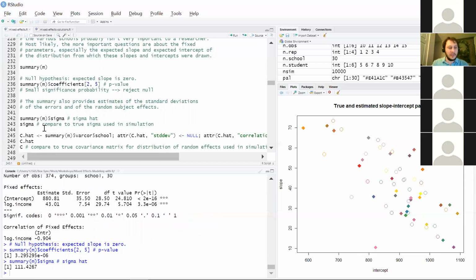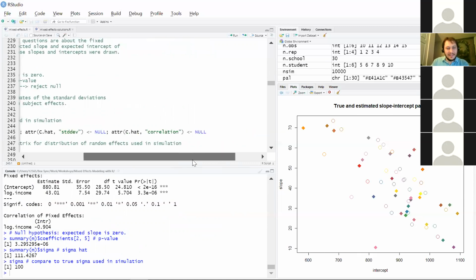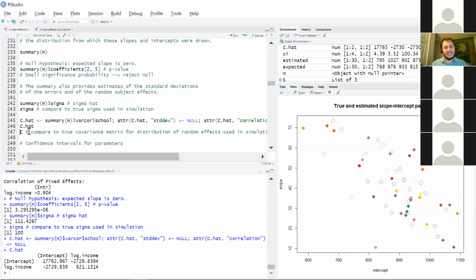What was the one we actually used? 100. That's pretty close. And then last time we had the standard deviation of the group's effects, of the subject's effects. This time, like I said, every school has its own intercept effect and its own slope effect, its own deviations from the overall intercept and its own deviations from the overall slope.